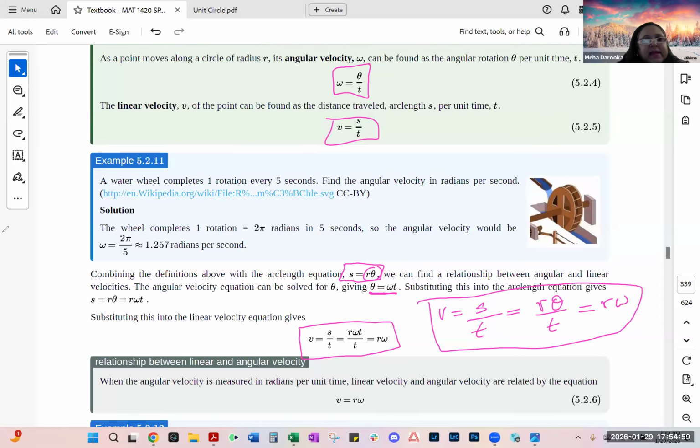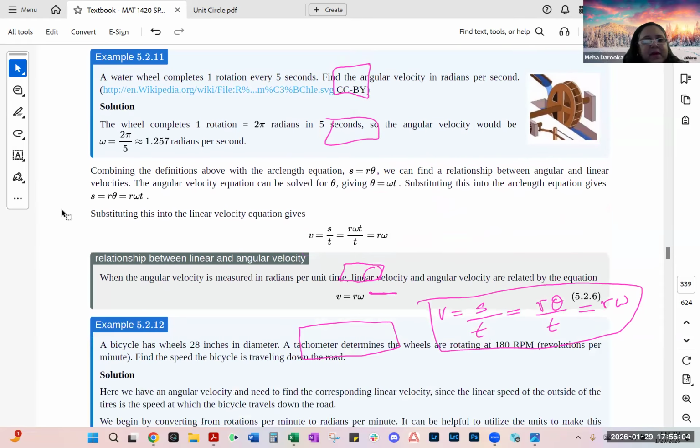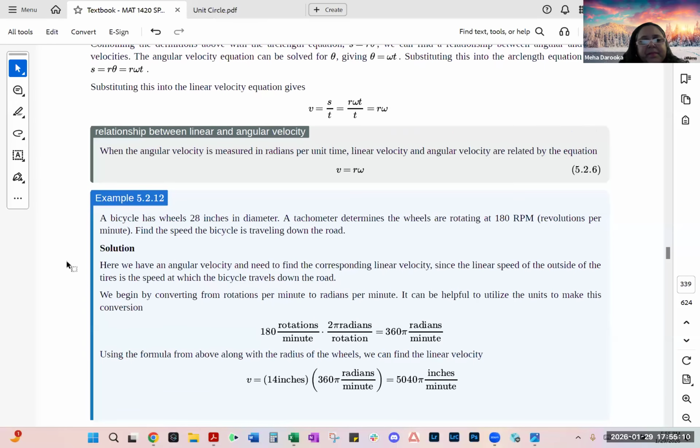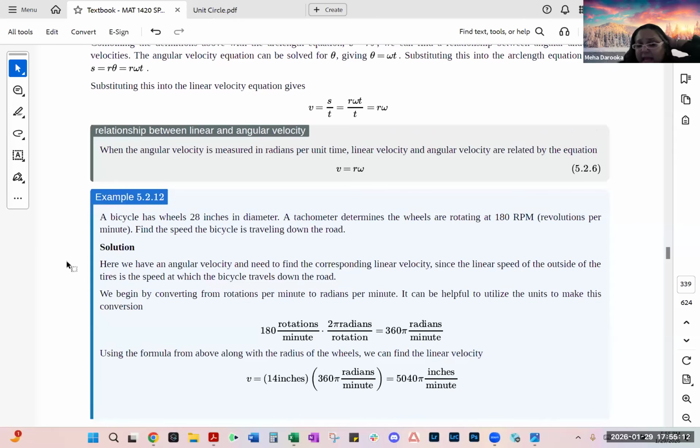So let's take a look at our next example here. Let me clear this out. We've got a bicycle that has wheels 28 inches in diameter.